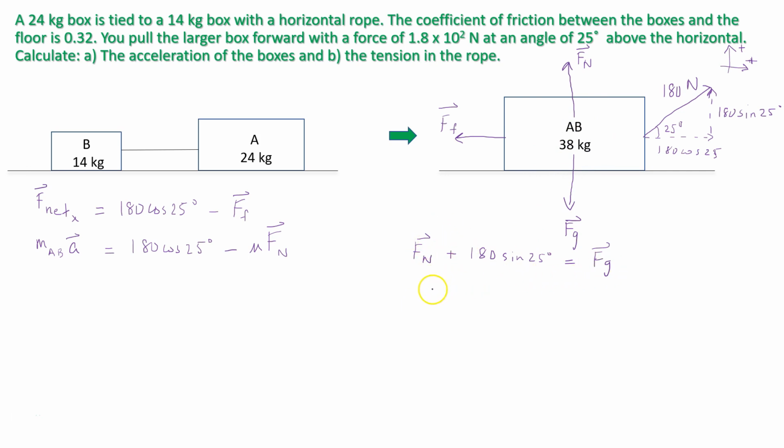So that would end up becoming Fn plus 180 sine of 25 is equal to the mass of the box times the force of gravity. Recall that this is equal to mg. So the mass of the box is 38 times the acceleration due to gravity, 9.81.